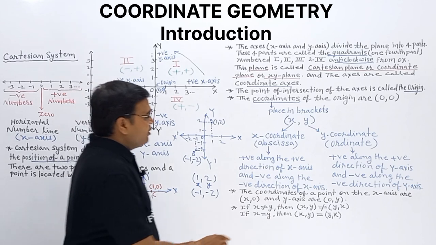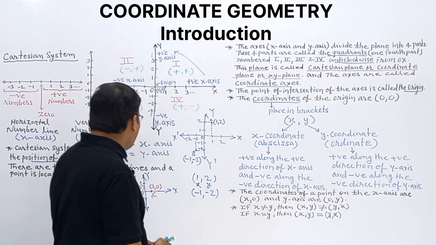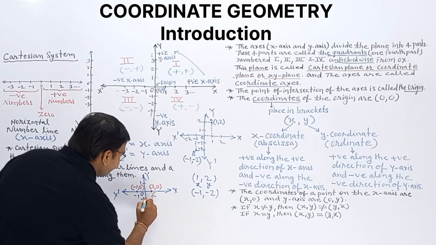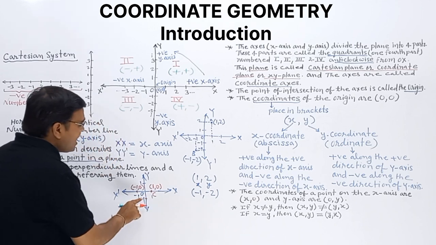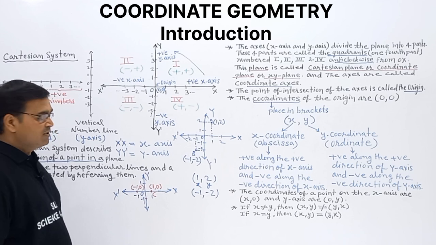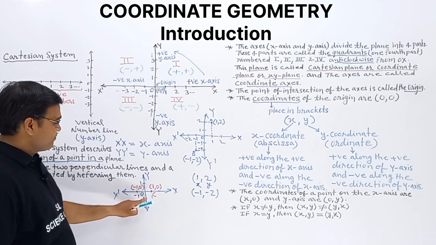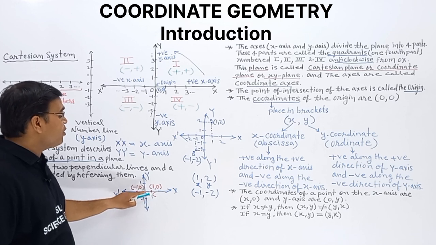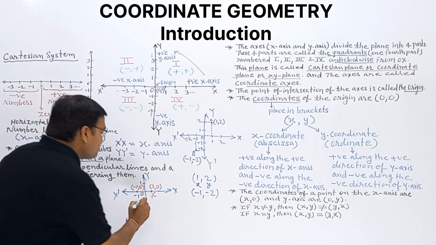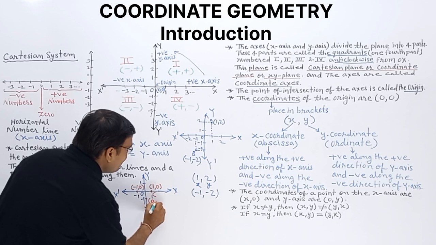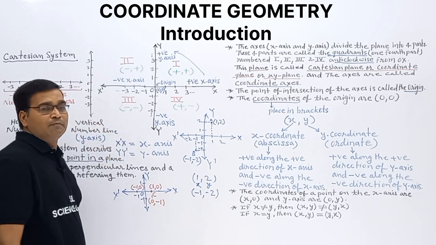Now another one, on the y-axis. If we have a point on the y-axis, I have 1 point there. Then how will we write? This point is where? -1 unit from the x-axis. So its coordinate will be what? 0, -1. Yes or no?